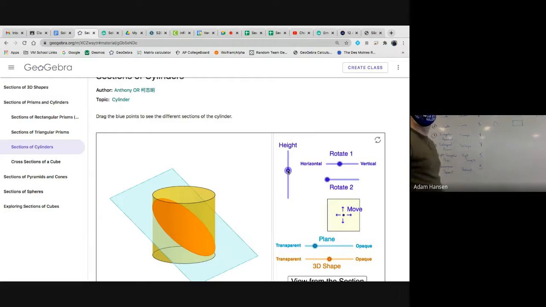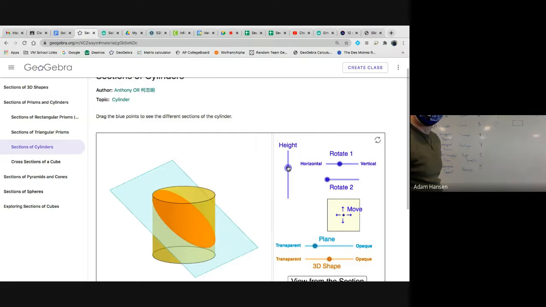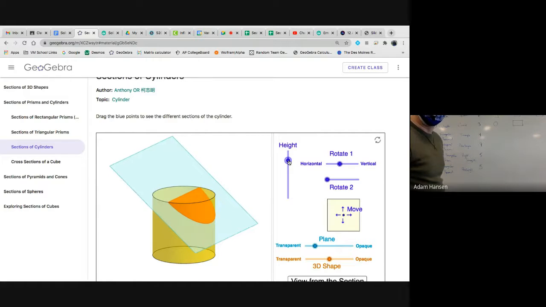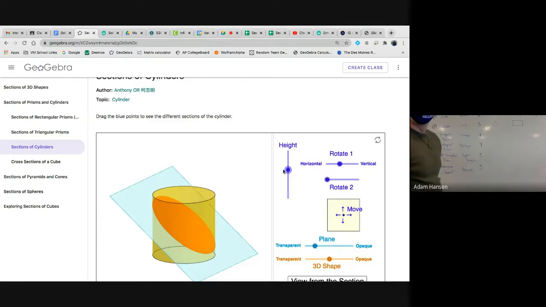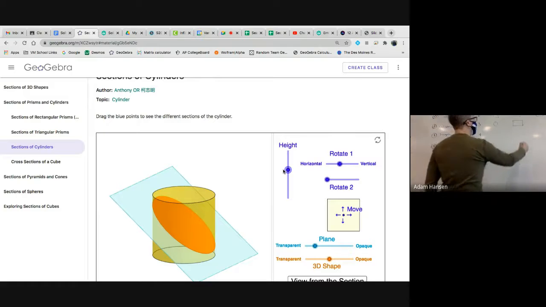There's lots of different options, depending on where you slice it, at what angle. This would be a shape with one edge and one curve. Same shape down below, but if you slice it from left to right, that looks like an ellipse.